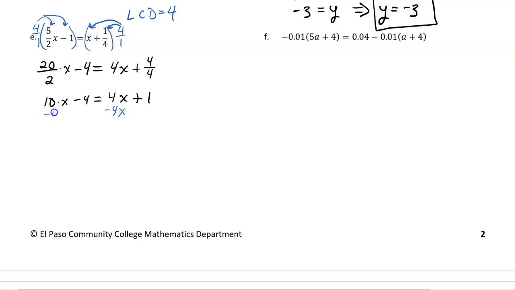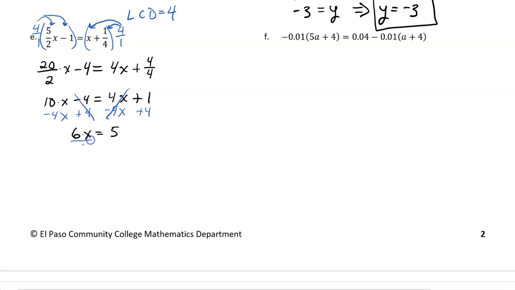Then we go with the same game. Subtract 4x to get the x values on the left side. And in the same step, I'm going to jump a little bit here. I'm going to add 4 to both sides, so I get my constants on the right-hand side. 10x minus 4x is a 6x. 1 plus 4 is a 5.